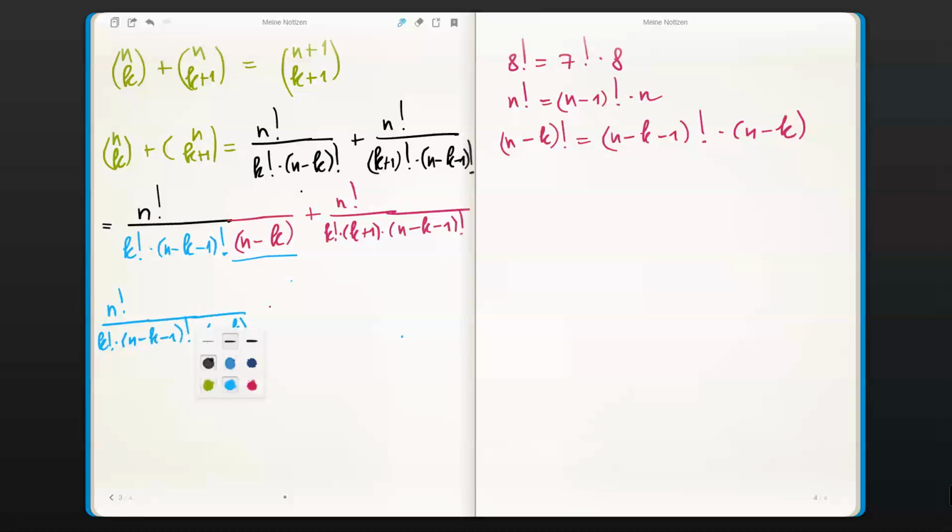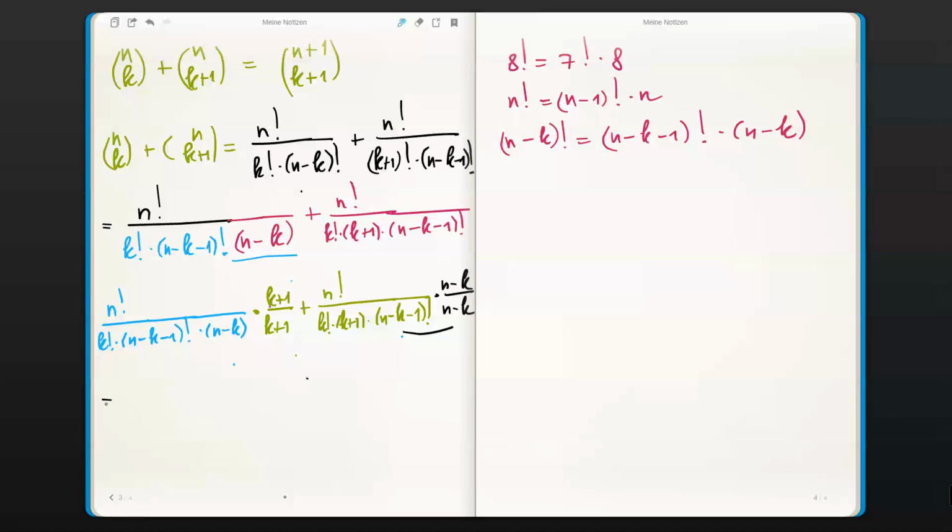We're not changing anything. And we're multiplying it now times 1, which we write down as k plus 1 divided by k plus 1. I'm not changing anything. Plus n factorial divided over k factorial times k plus 1 times n minus k minus 1 factorial. Everything is the same, but now we also multiply times 1, which we rewrite as n minus k divided by n minus k, because this will bring us to n minus k factorial.